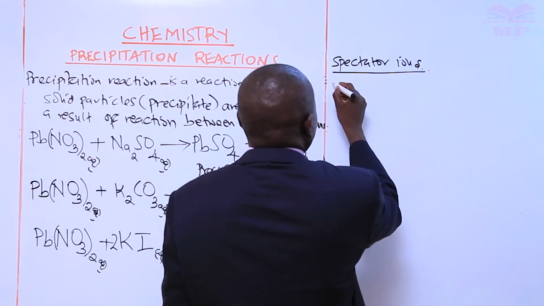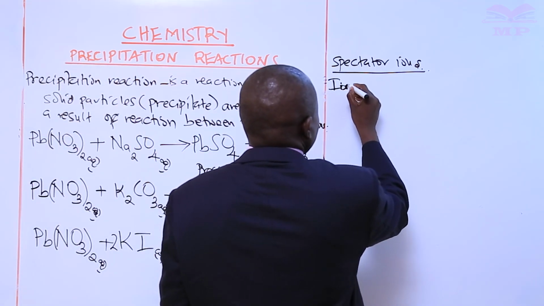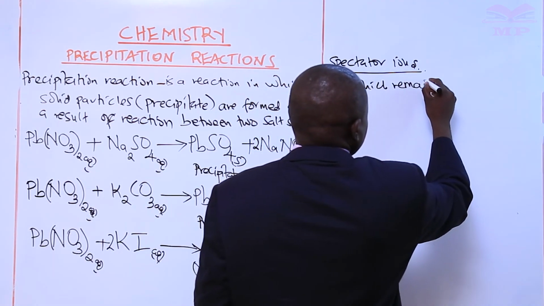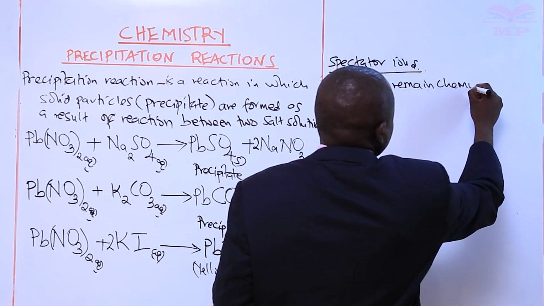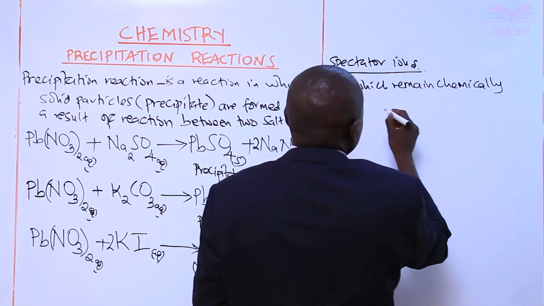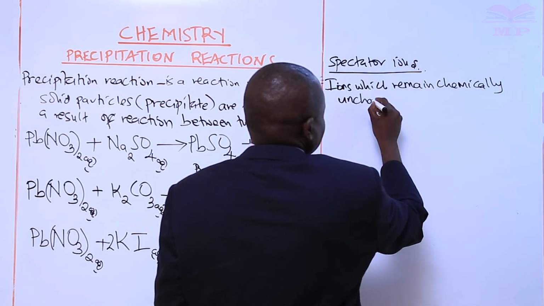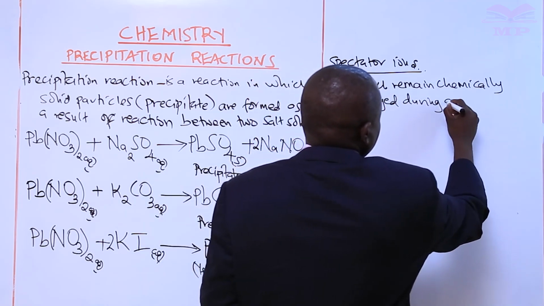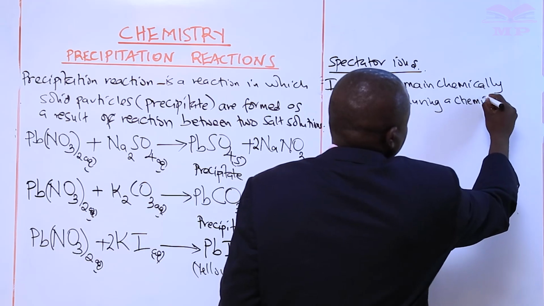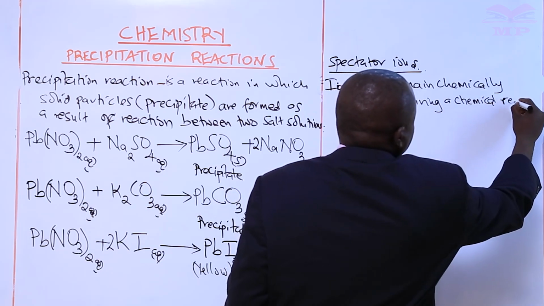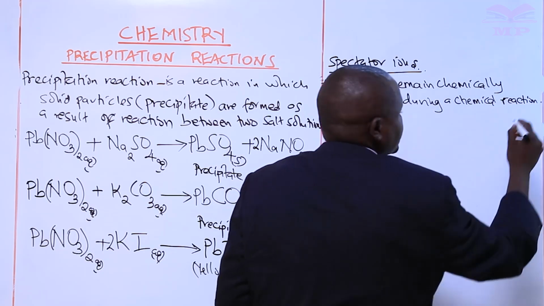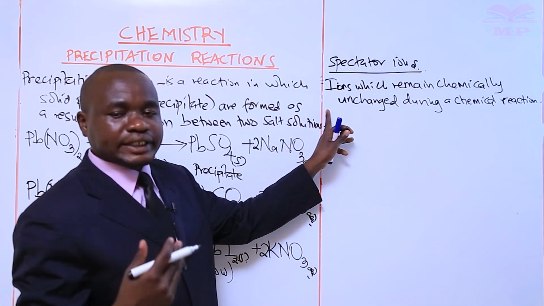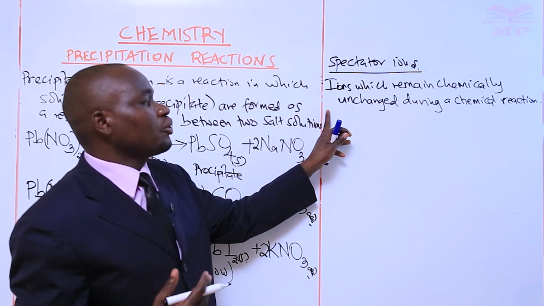So, ions which remain chemically unchanged during a chemical reaction. So in essence, spectator ions do not normally take part during a chemical reaction.